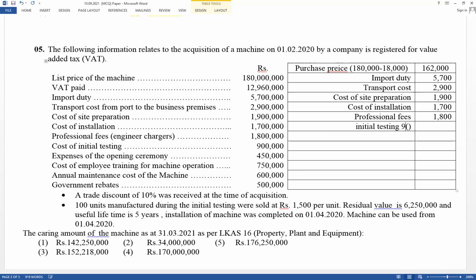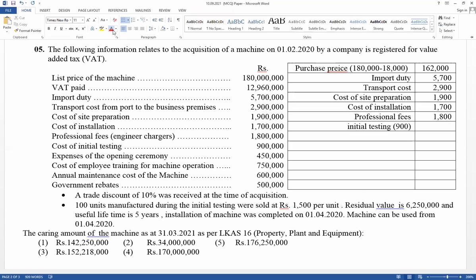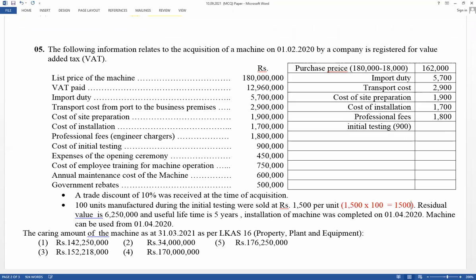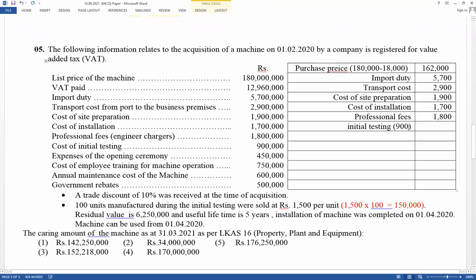From that value deduct. And here it is given 100 units manufactured during the initial testing were sold for 1,500. Therefore, take the value here. Cash received amount equals 1,500 into 100. Therefore, cash received amount equals 150,000. Therefore, as initial testing, you have to consider after deducting selling price.